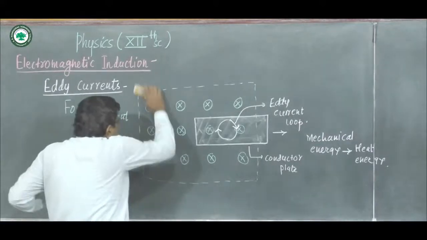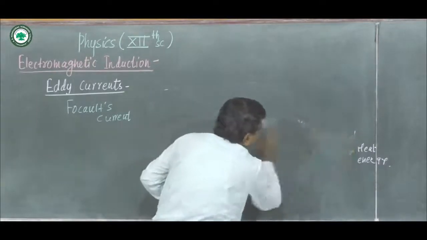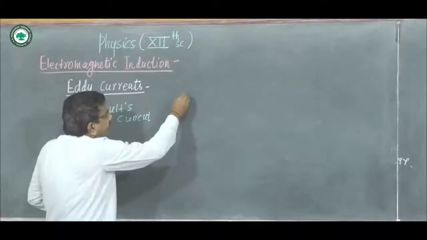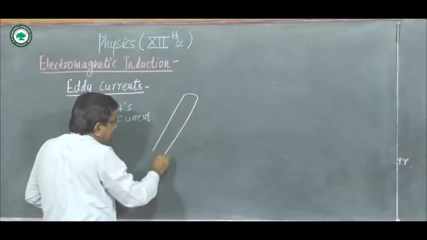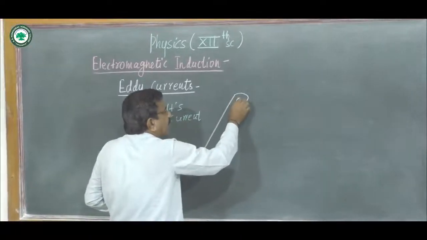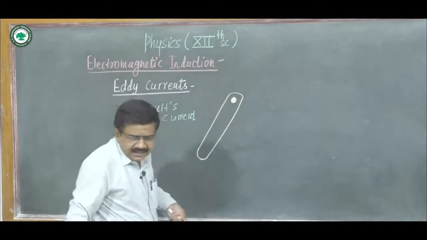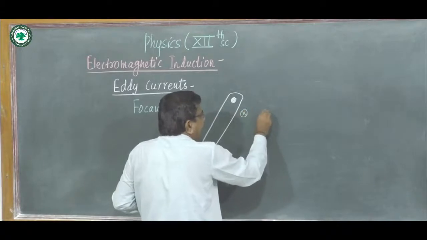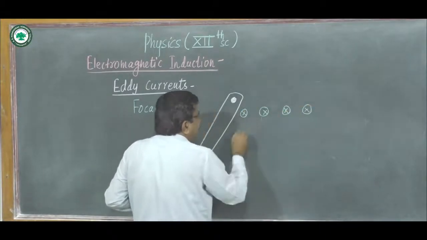We see another example of this eddy current. Suppose a conducting plate is pivoted or fixed at a certain point. This is the conducting plate, it is pivoted here, and this conducting plate is moved in a magnetic field like a pendulum, or it oscillates.